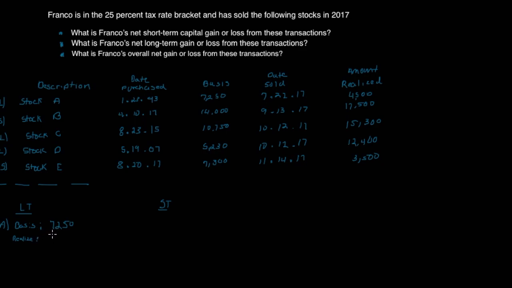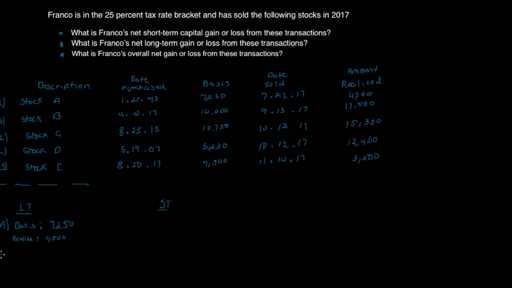So the realized amount was $4,500. And to clarify for some of you who might not know what these mean, the basis is the amount that he originally paid for this purchase in 1993, and the realized amount is what he sold it for in 2017, so $4,500.